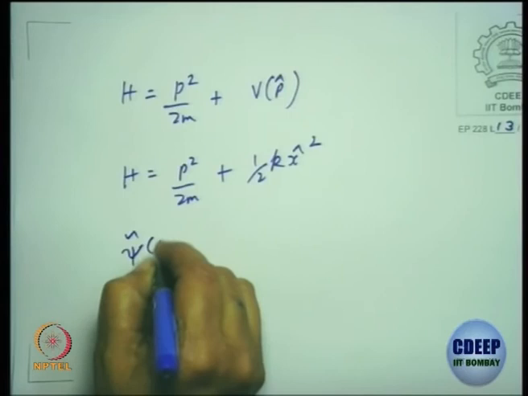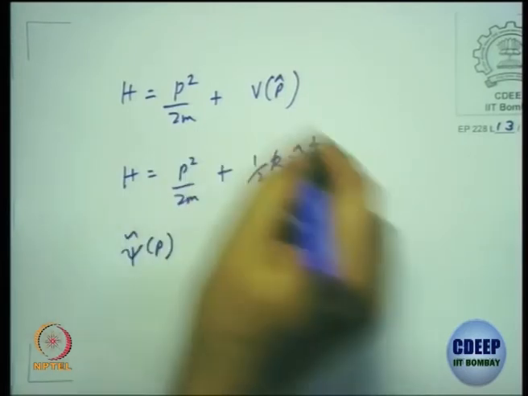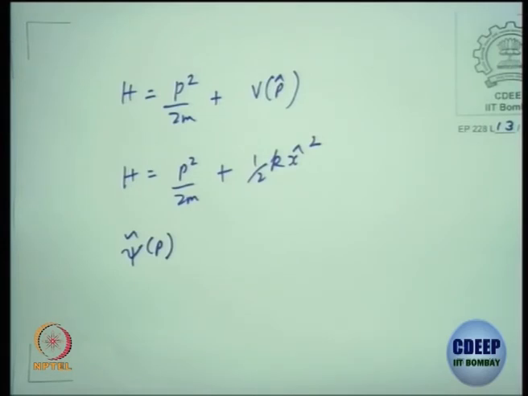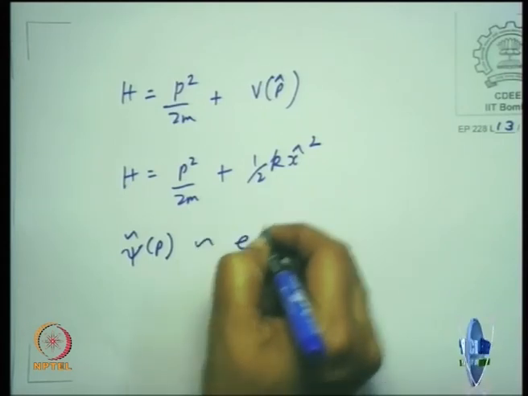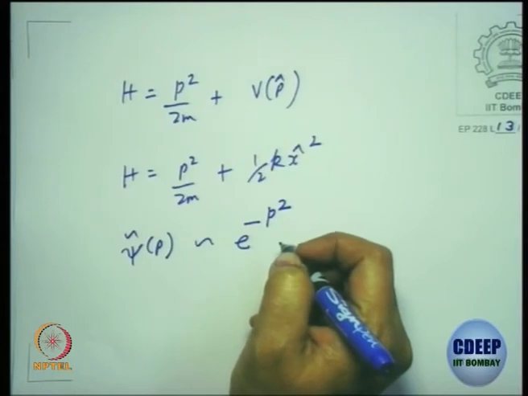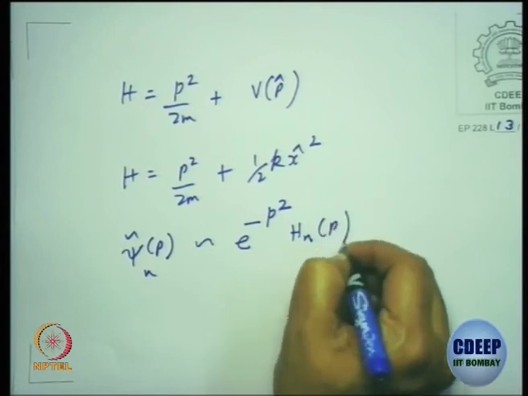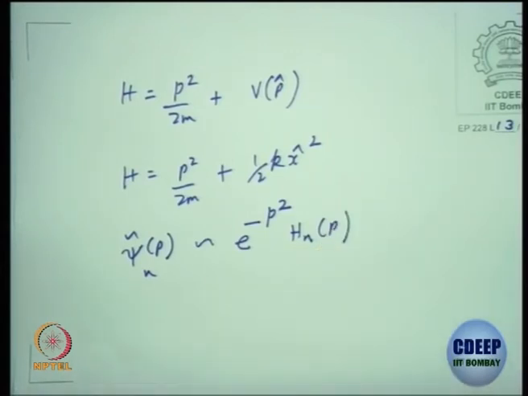It is symmetric in p and x. So if you try to write the psi tilde of p, apart from the factors of k and m, the form will go like the same form, which is the leading linear term, times an Hn of p, apart from those factors of m and k, which are required to make it appropriately dimensionless.